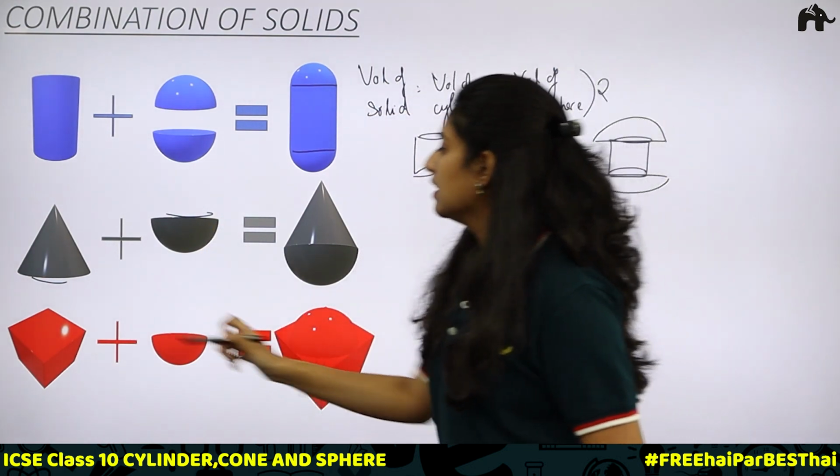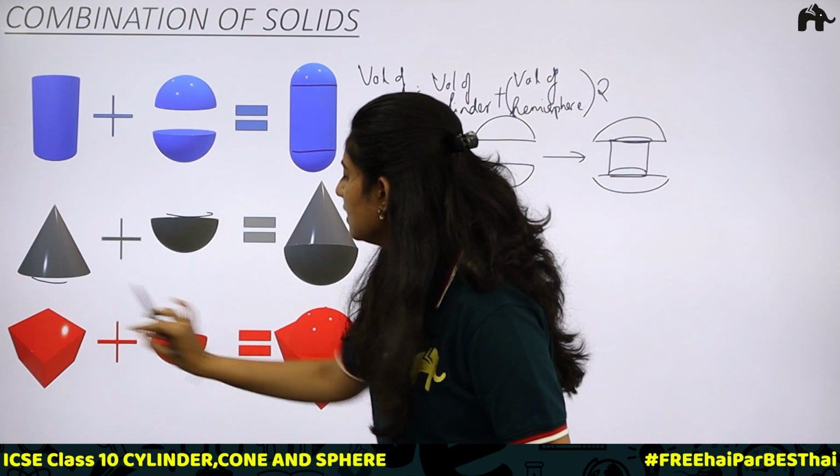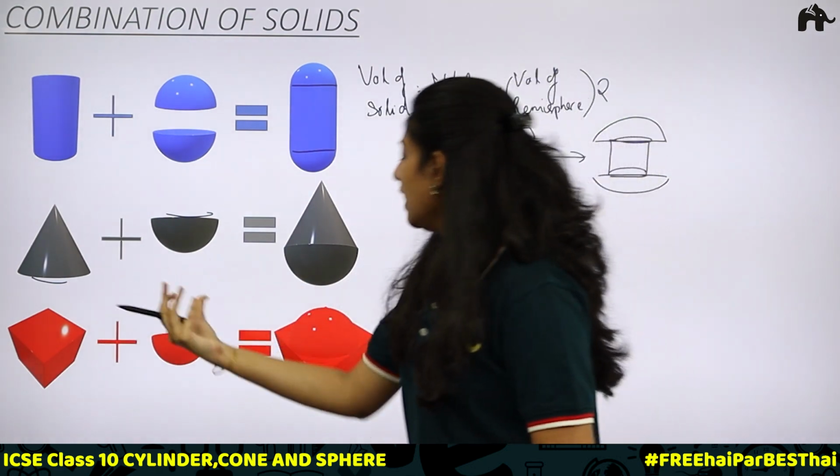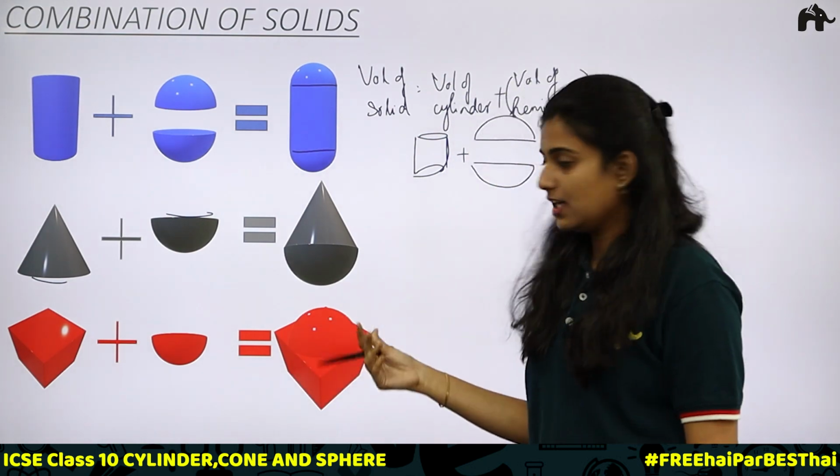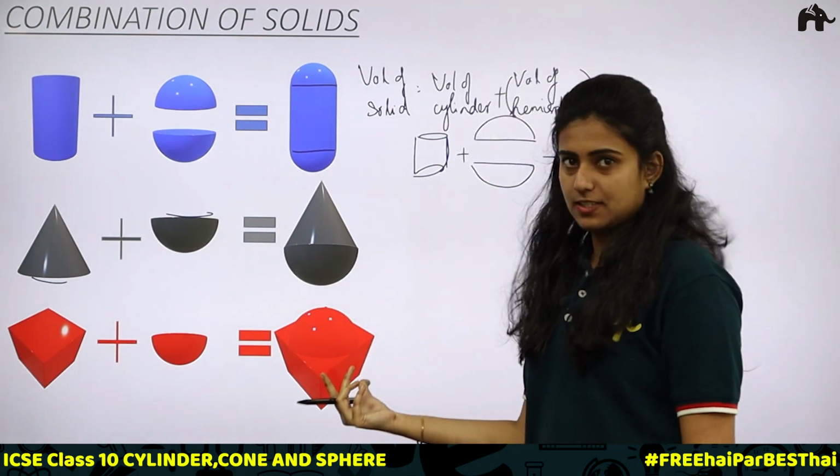Next, you have a cube and a hemisphere. When this cube and hemisphere are combined, you will be getting a figure like this. The solid will look like this.